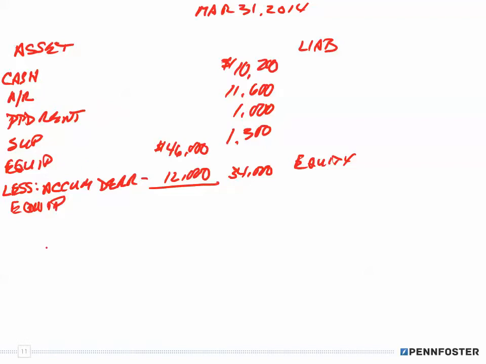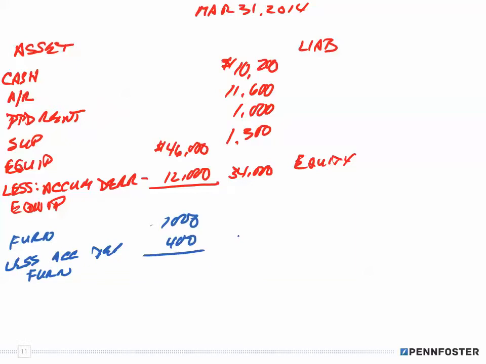And if you have additional assets, like let's say you had furniture and less accumulated depreciation furniture, and let's just say the furniture is 1,000 and the depreciation is 400.